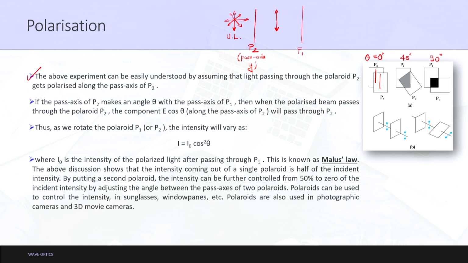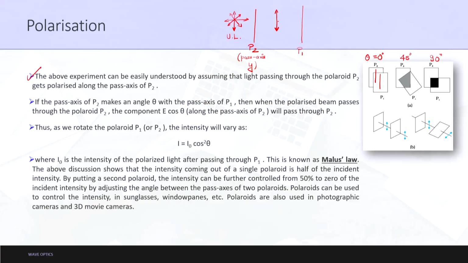Why is it of this sequence? Because anything apart from the Y axis, the electric vectors are being absorbed. Because the electric vectors are being absorbed, only the Y direction remains, hence this is the polarized light which we will get in this scenario. Let me write this as PL.